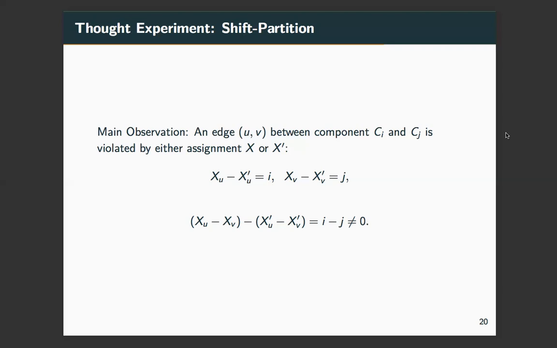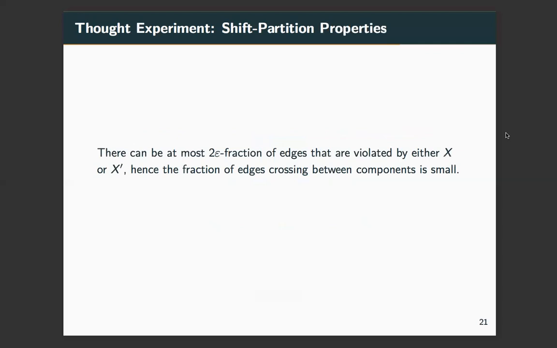So we know that this edge is violated in at least one of the assignments. Now, by the property that the assignments are 1 minus epsilon satisfying, there can be at most 2 epsilon fraction of edges that go between the parts in the shift partition. This is just by a simple union bound.